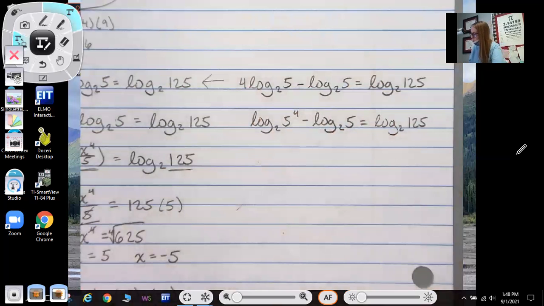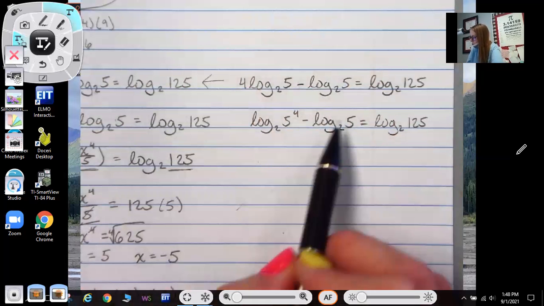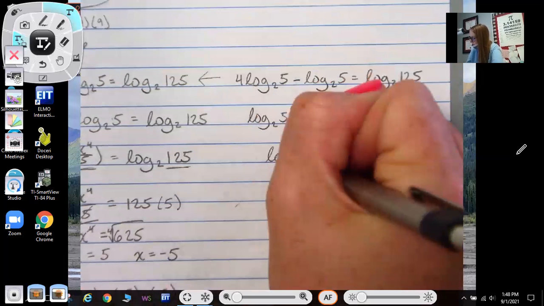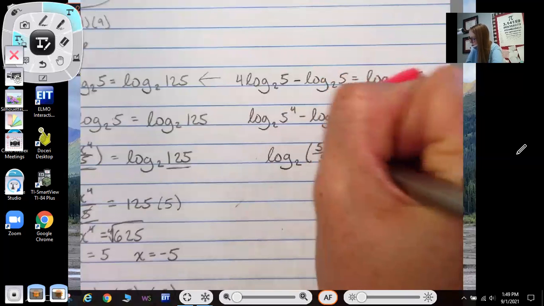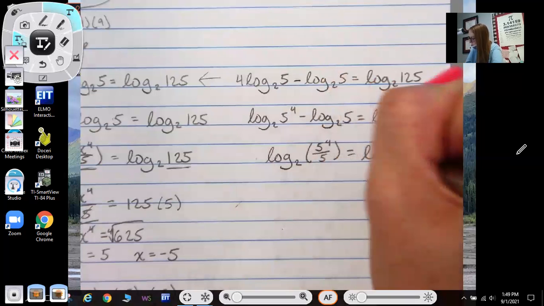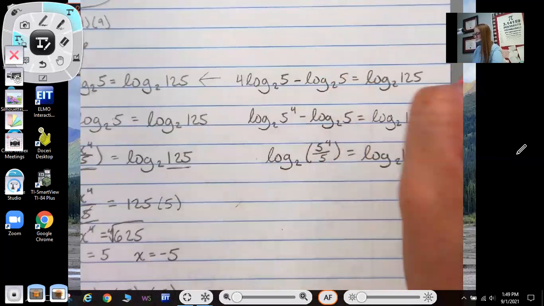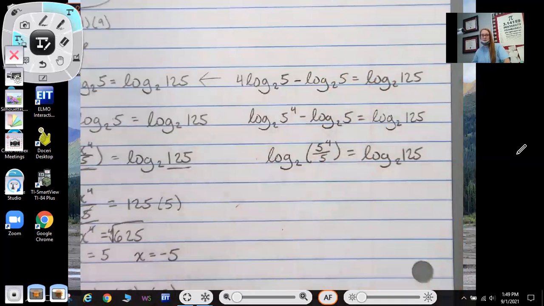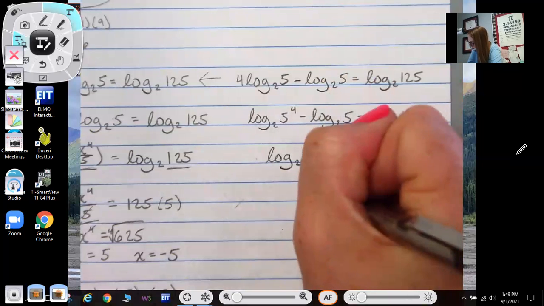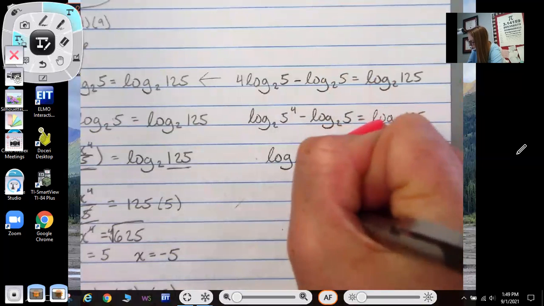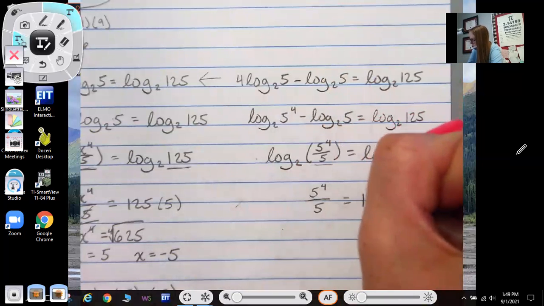The next thing we did was to combine these two logarithms into one. Log base 2 of 5 to the 4th over 5 equals log base 2 of 125. Set these two equal to each other. 5 to the 4th power over 5 equals 125.